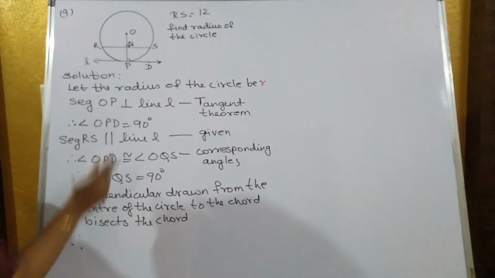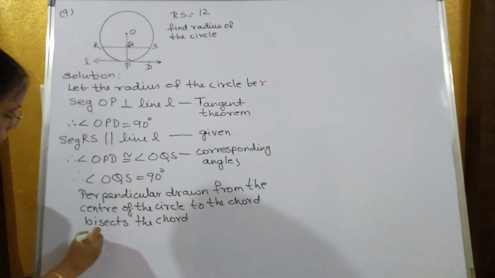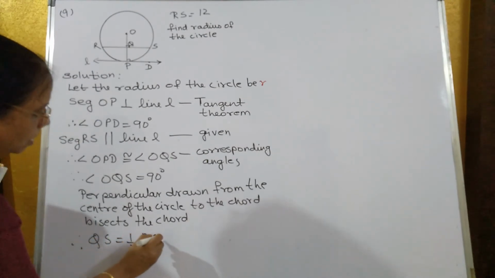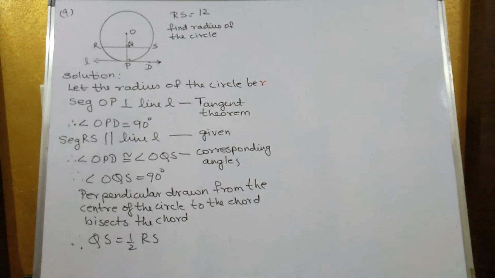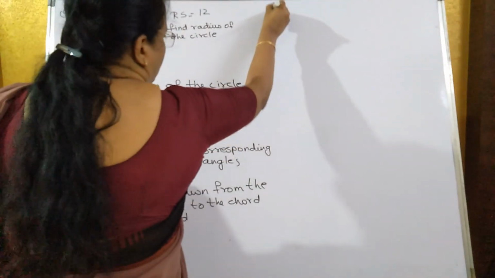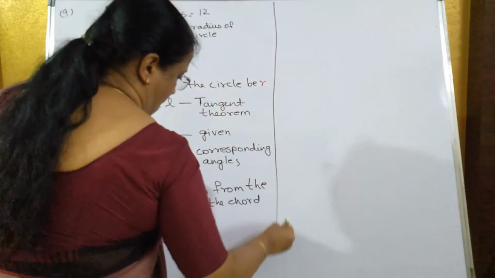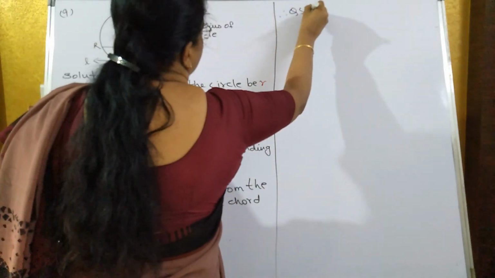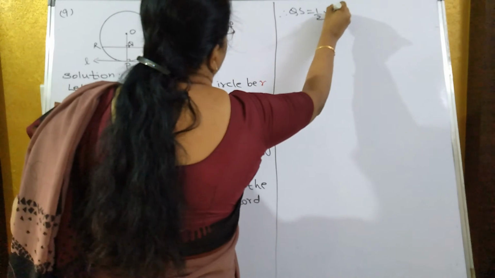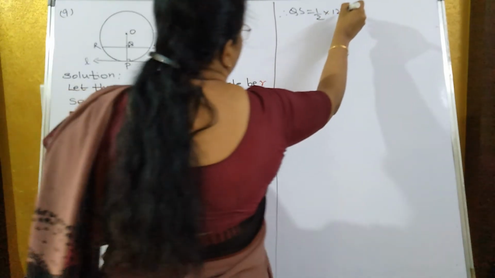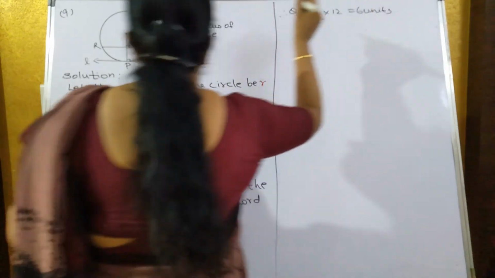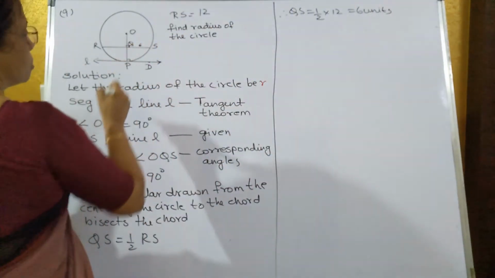Therefore, QS will be equal to how much? QS is equal to half of RS. Now, how much is RS? RS is equal to 12. Therefore, QS is equal to half of 12, and that is equal to 6 units. So we have got QS is equal to 6 units.